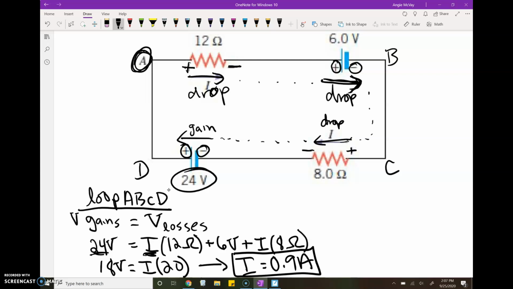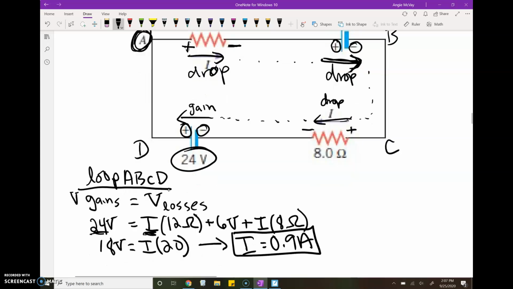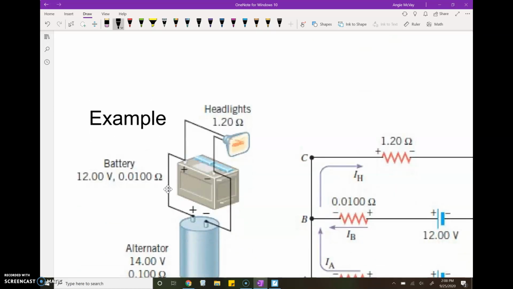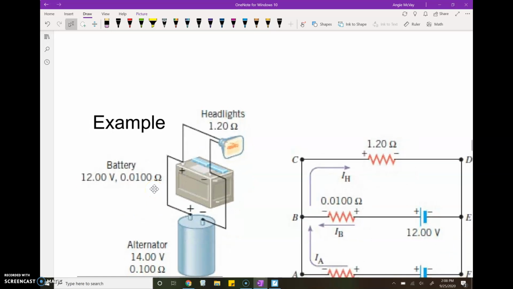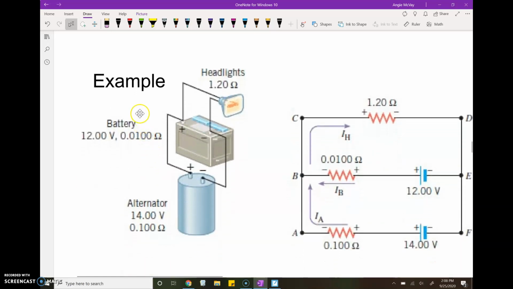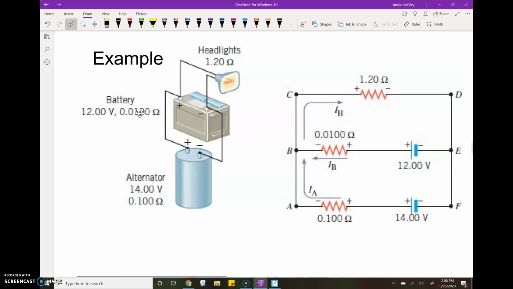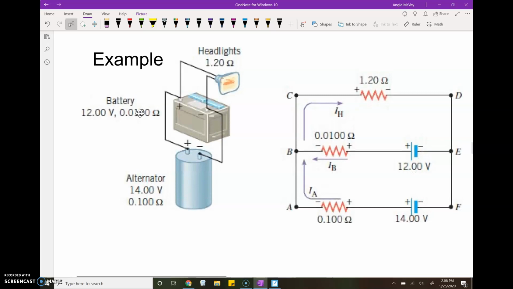Cool. All right, let's take a look at one more example from the Cutnell and Johnson textbook. Zoom out a skosh here. On the left is what the circuit diagram on the right is trying to represent. What we have up here is a headlight.